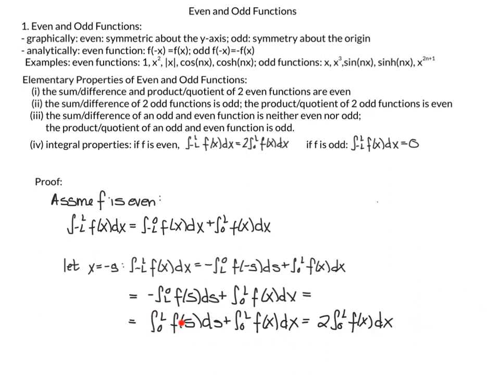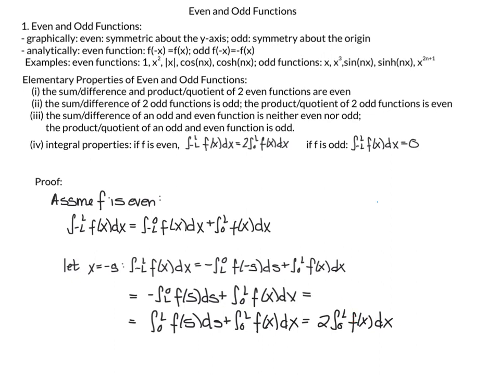And so here we can swap the order of these limits, so we can go from 0 to L, but this negative becomes a positive. And what you see is we have the same integral twice, so that's 2 times the integral from 0 to L of f of x dx.